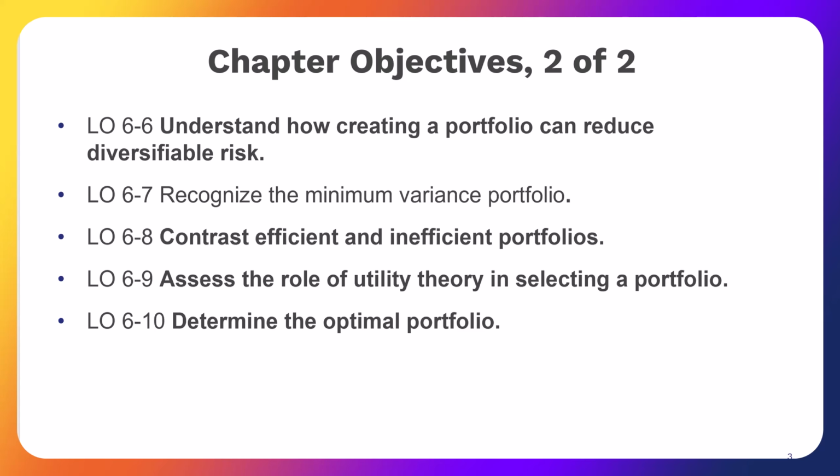In the second part, we'll explore how to create portfolios that reduce risk, recognize the minimum variance portfolio, and apply utility theory to choose the best portfolio based on personal preferences. This is critical for understanding how investors tailor investments to meet their unique goals.